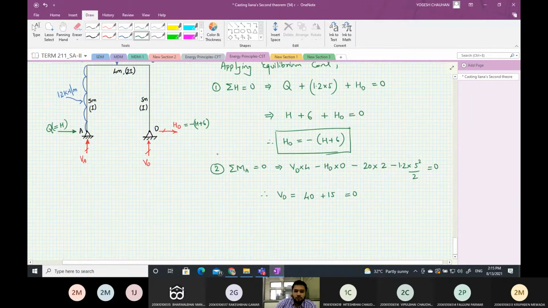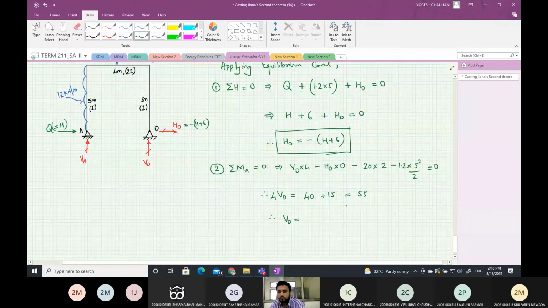So we can say 4 VD is equal to 55, so divide by 4. So VD is equal to 13.75.